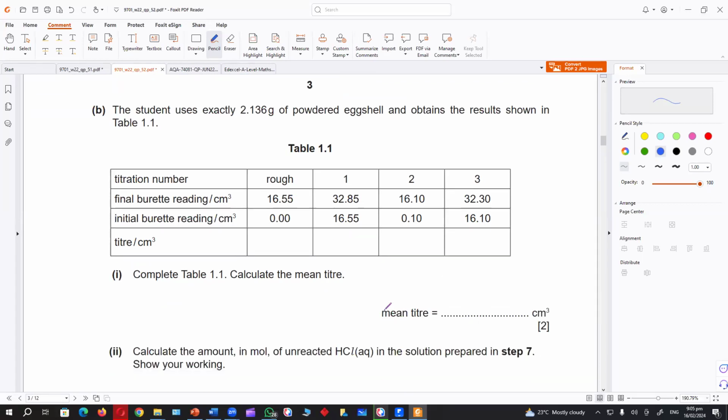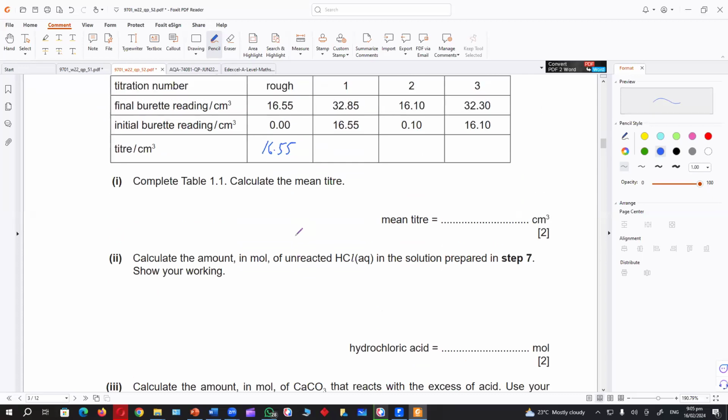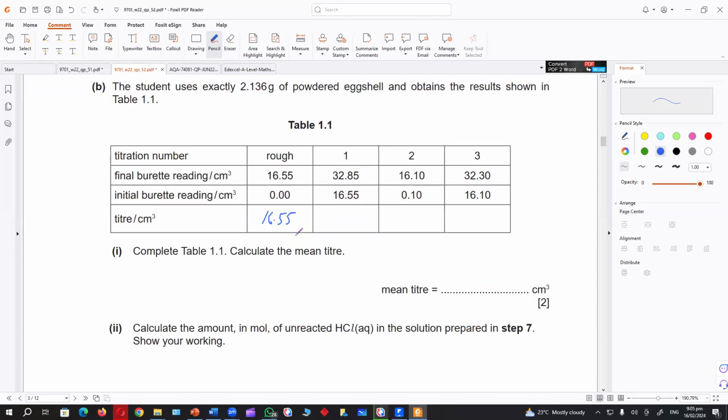The student uses exactly 2.136 g of powdered eggshell and obtains the results shown in the table. Rough reading and then 1, 2, 3. The first answer, after subtraction, will be 16.3.